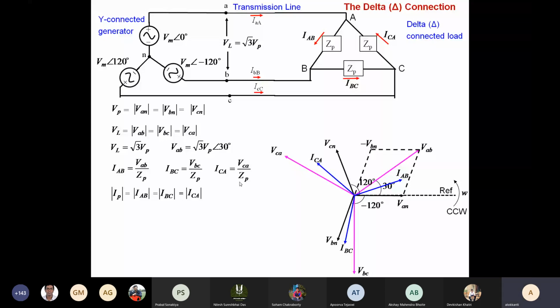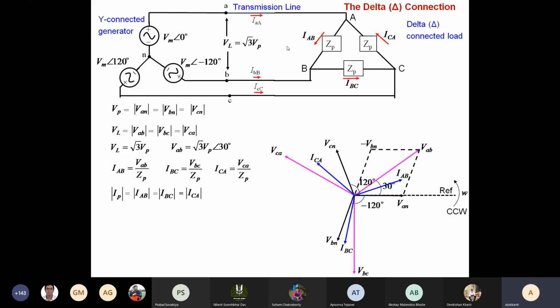Now the job is to find the line current, that is, the current drawn from the Y connected generator. So what will you do to get the line currents? We can apply KCL at each of these nodes.